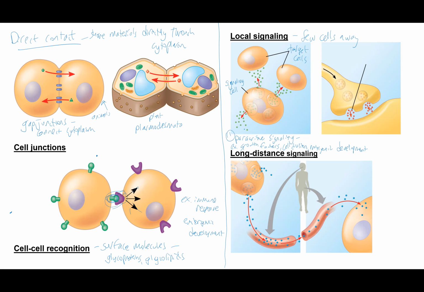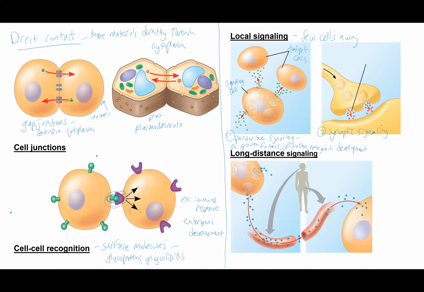So that's one kind. A second kind of local signaling is synaptic signaling. When we talk about synapses, or if you look at this picture, does this look familiar to you at all? Like where in the body might this be happening? Nerves. This is the nervous system.